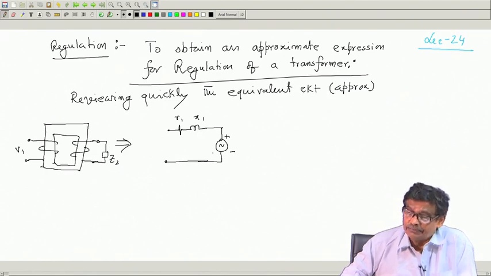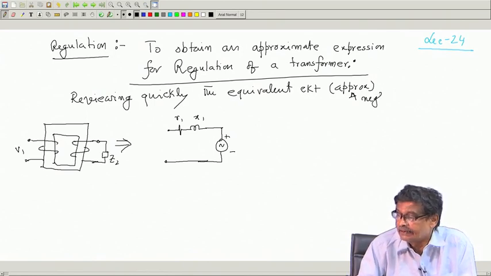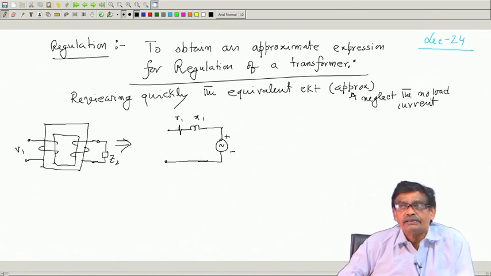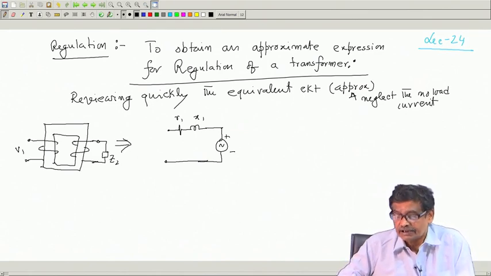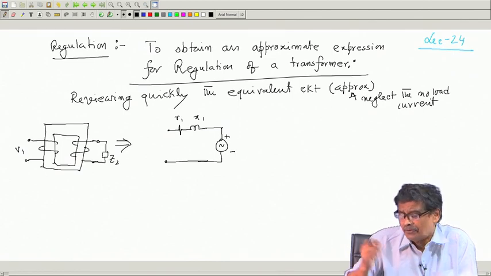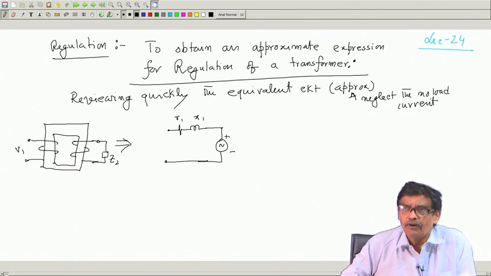In other words, why it is approximate is that we will neglect the no load current, because no load current, which comprises the core loss component of current and the magnetizing current, is only about 5% of the rated current, and the drop because of that in R1 X1 or R2 X2 is very small.